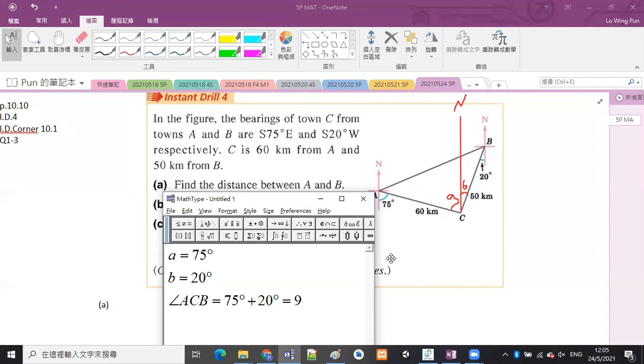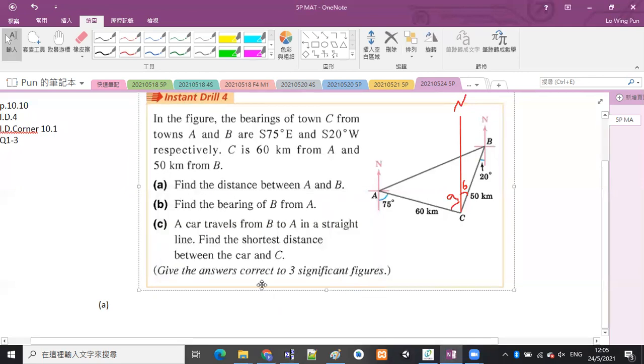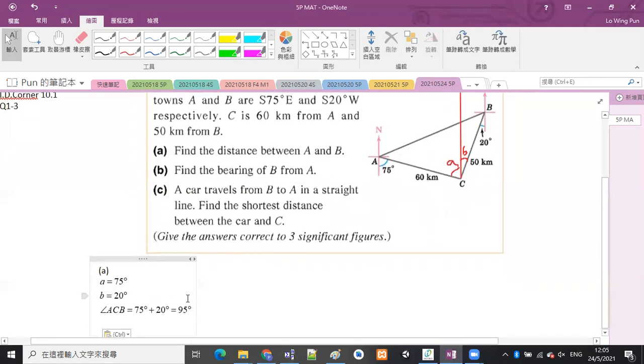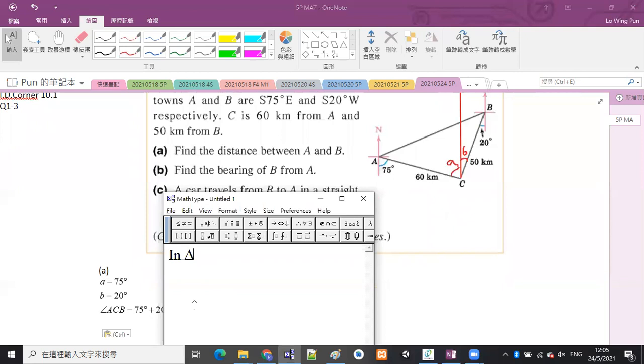That should be 95 degrees. Get this? Okay. And then in triangle ABC, I have sufficient information now. In triangle ABC, I want to find AB.